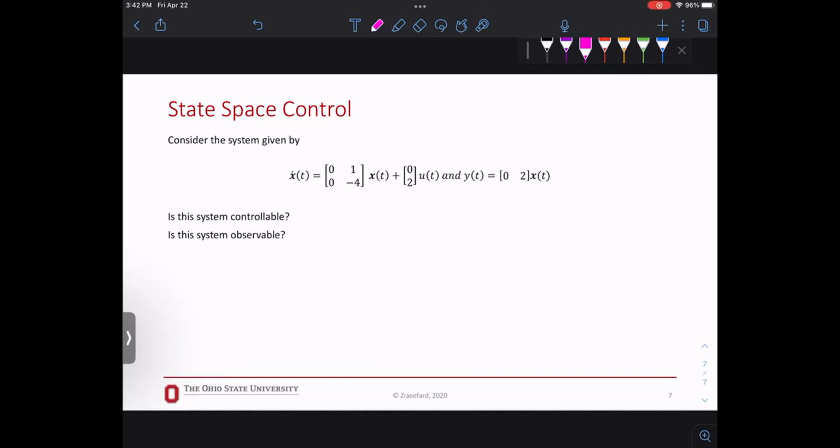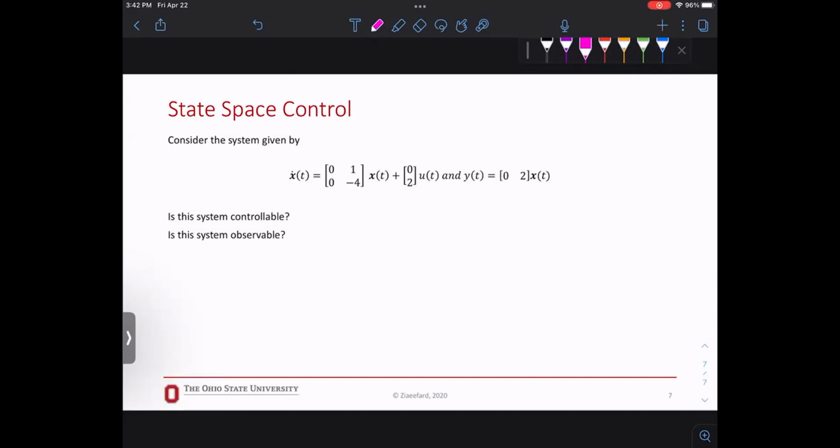Find what? PC for controllability and PO for observability. And then what is the characteristic of those two matrices? Find the determinant of that. Not equal to 0, then it's controllable. Yes, so if it's not 0, it's controllable.